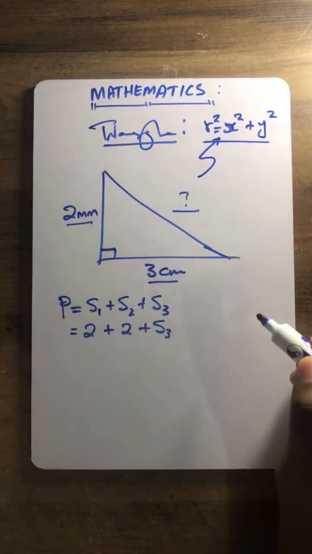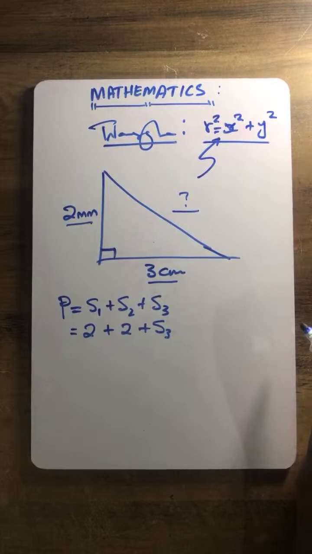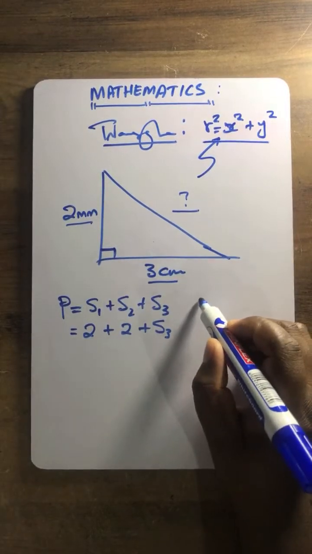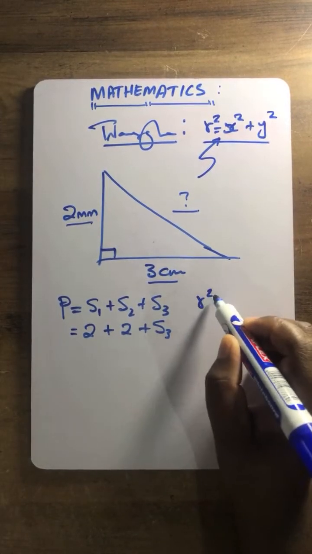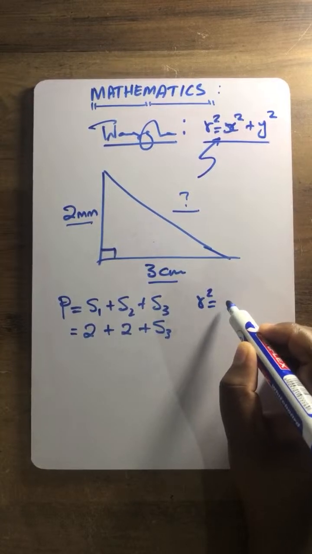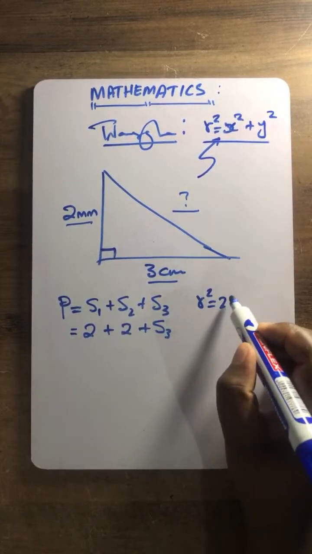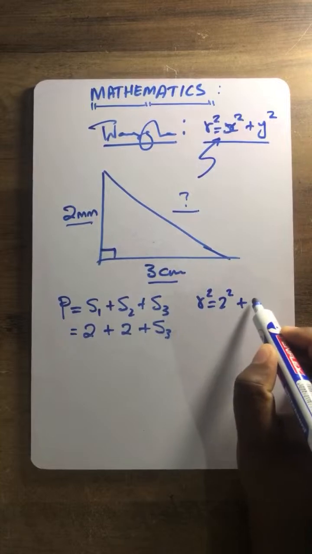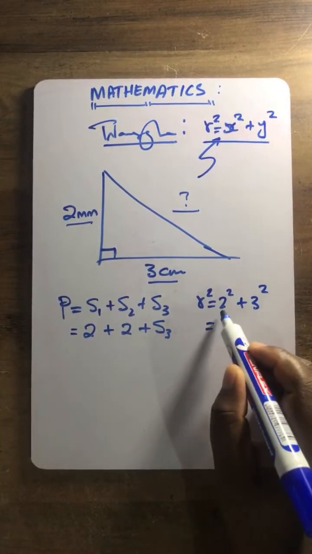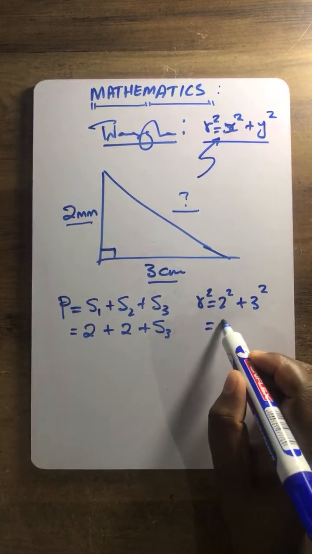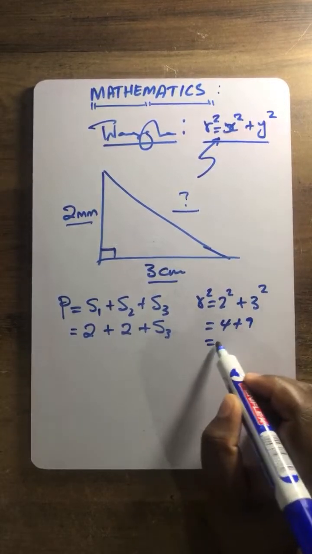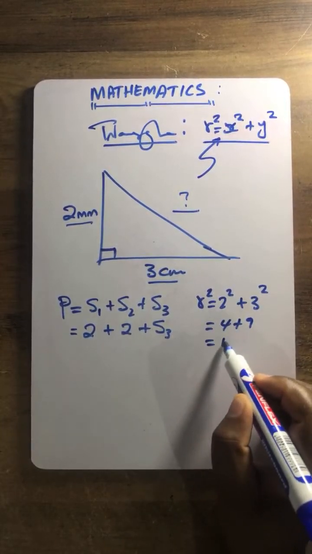So it therefore means one can say the unknown side squared will be equal to one side, we can make use of that one, and then the other side being that one. So we know this is 4, that is 9. What is 4 plus 9? That is 13.